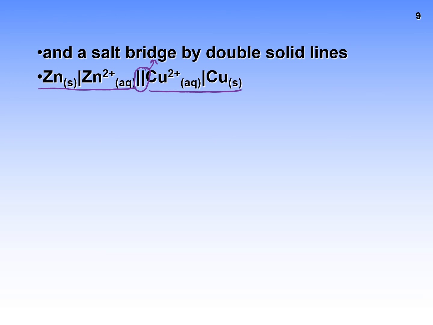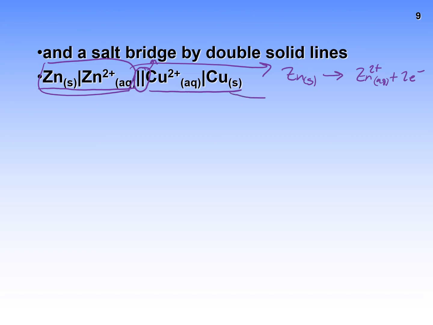Now I can build a redox reaction from this cell notation. For instance, this part I know is zinc solid because it's an anode, meaning we have to be oxidizing something, going to Zn2+ because that's an oxidation. And I have to add the two electrons there to get it to balance.